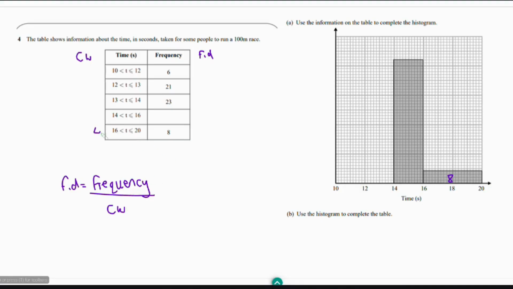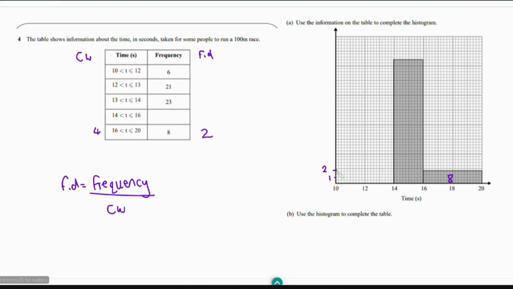So the class width here is 4. So 8 divided by 4 is 2. So we know on our bar chart that this here is 2. So each 2 mini squares is 1.